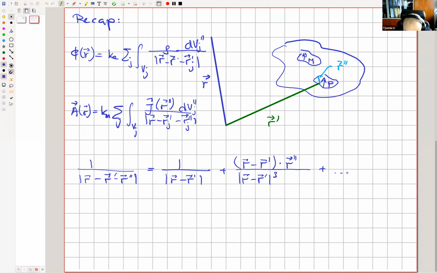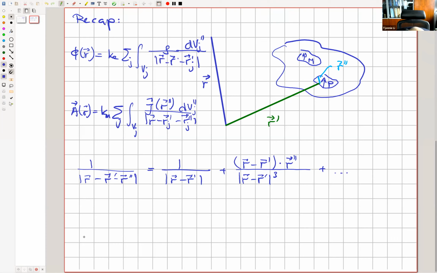And so we go through this machinery, we plug in the expansion, and we do some algebra, and we end up with the expression for phi.